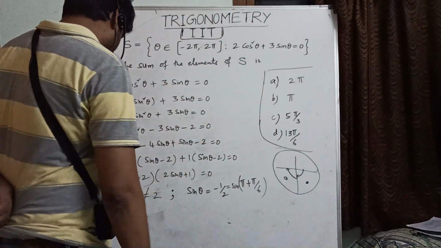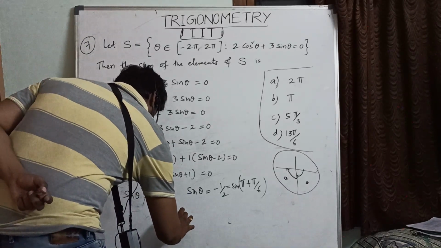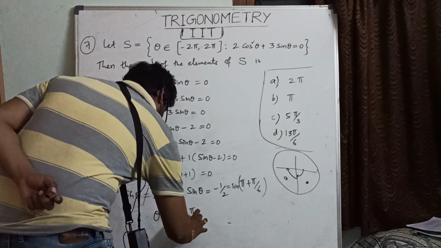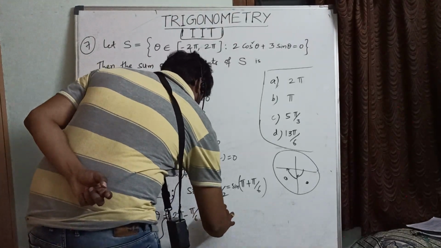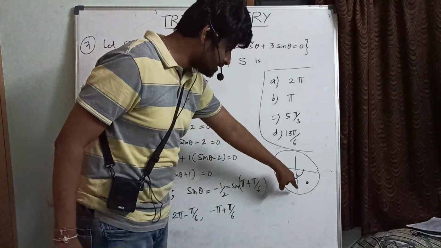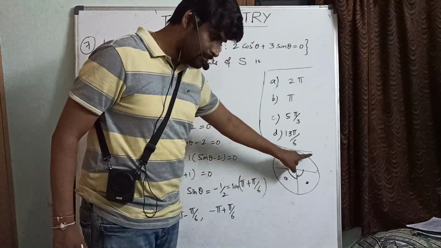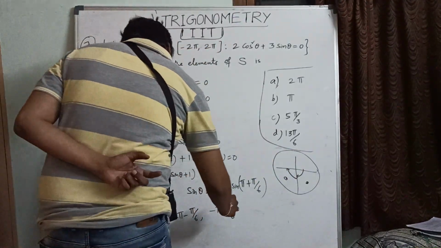So what are the possible values I can take here? Theta equals 2 pi minus pi by 6, minus pi plus pi by 6. See, minus pi plus. Now what can I write?